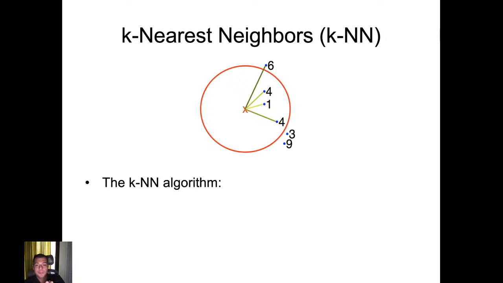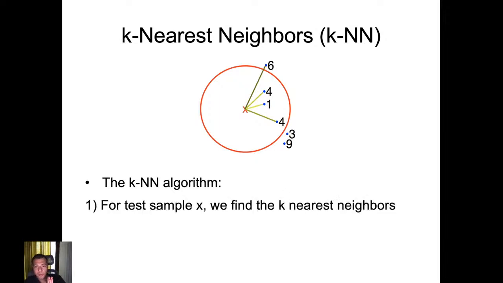So basically, the k nearest neighbor algorithm is formed of two main steps. For a test example x, we first find the k nearest neighbors. In the brute force algorithm, it means that you just have to compute the distance from x with respect to each training data point.